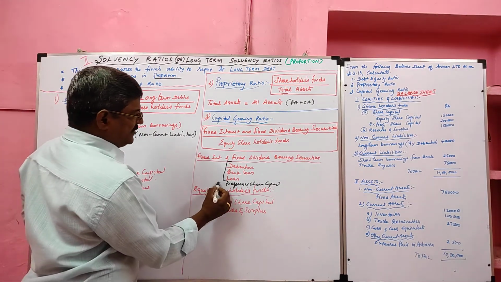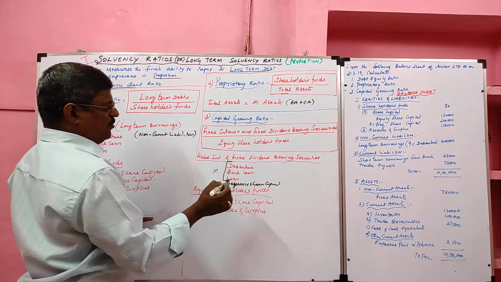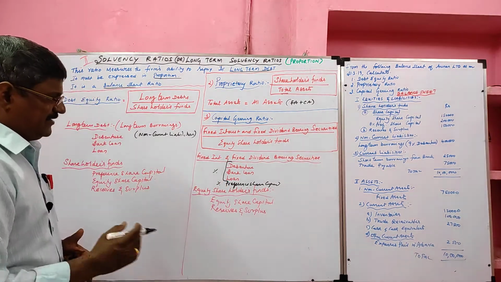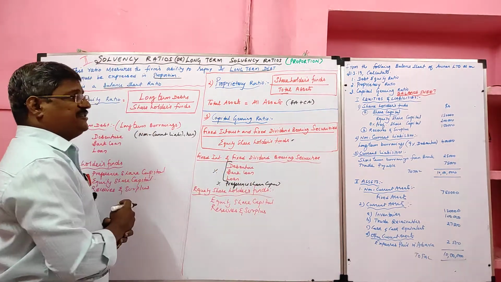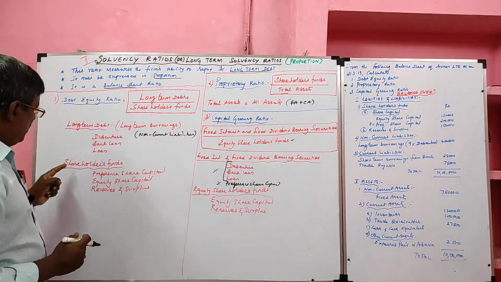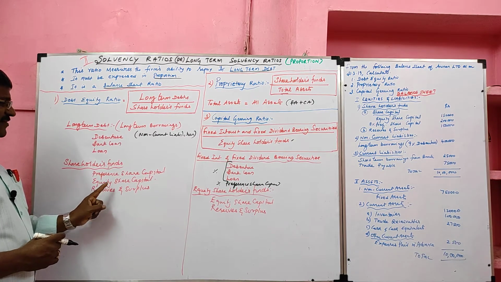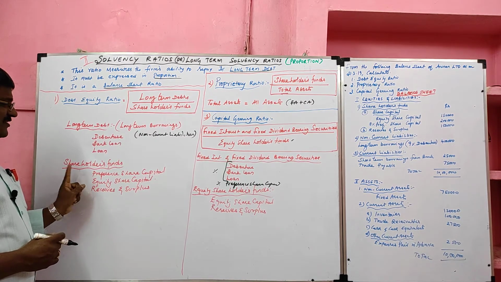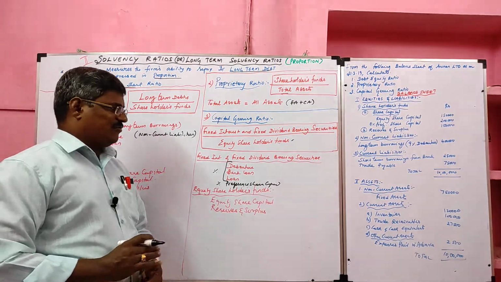Then we should learn about the components of equity shareholder fund. In shareholder fund the components are preference share capital, equity share capital, reserves and surplus. If we exclude preference share capital, the remaining two items are considered to be the equity shareholder fund.